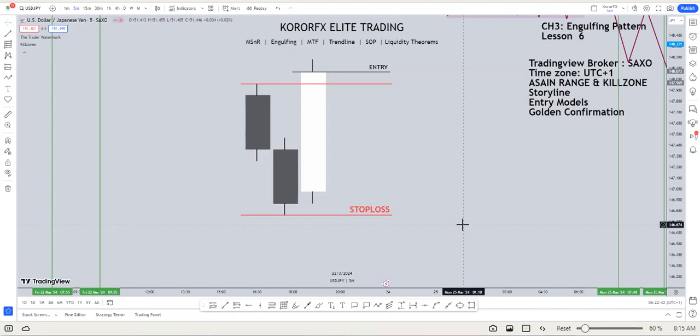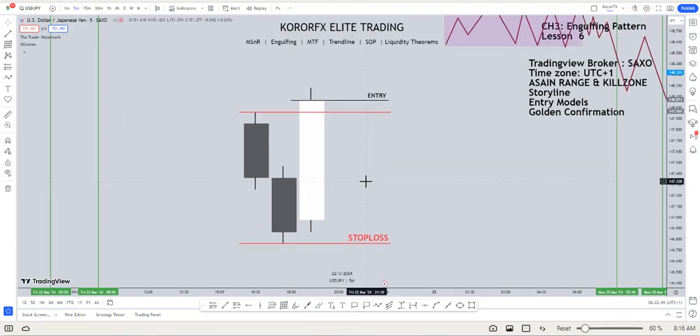Of course, you may not understand it immediately. You have to practice identifying it, because engulfing patterns that I have explained in the video, types of engulfing, you must understand what type of engulfing the price is forming now, and wait for that engulfing to be completed. So never look for a perfect one like this, because engulfing patterns are different.